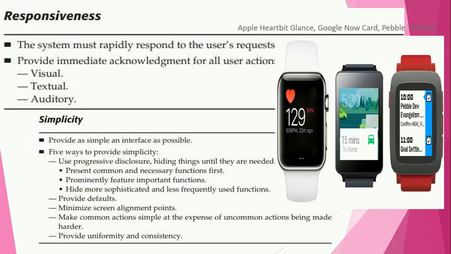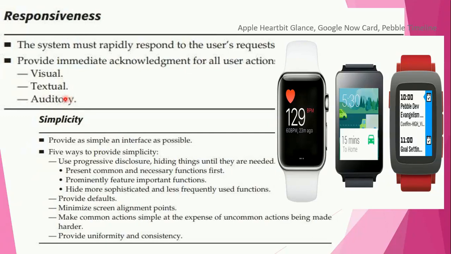Whenever the user is using a certain user interface, the system has to respond in either a visual manner or textual manner or auditory. Some systems may give feedback in a textual manner or visual manner.